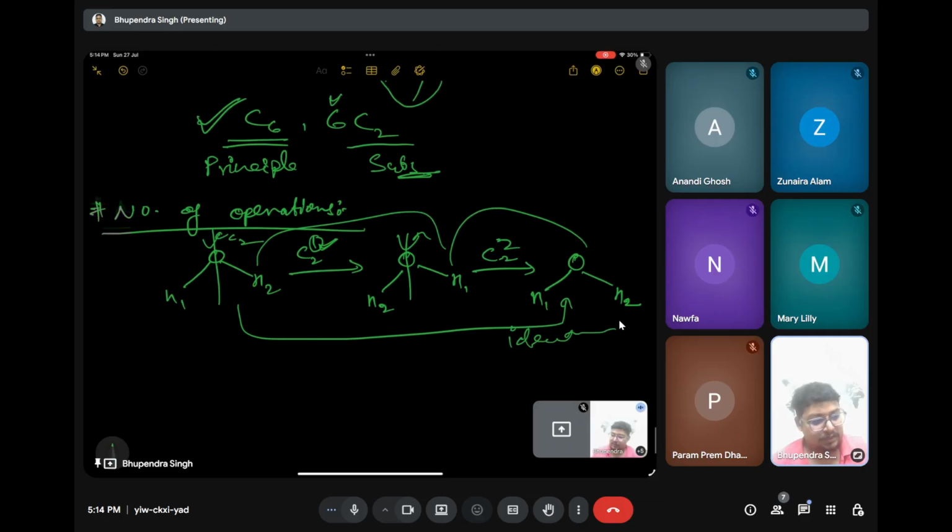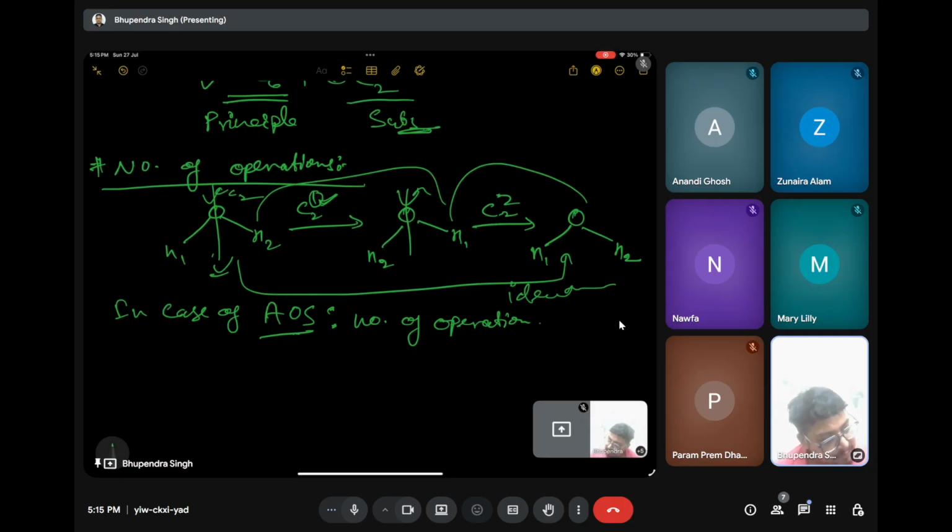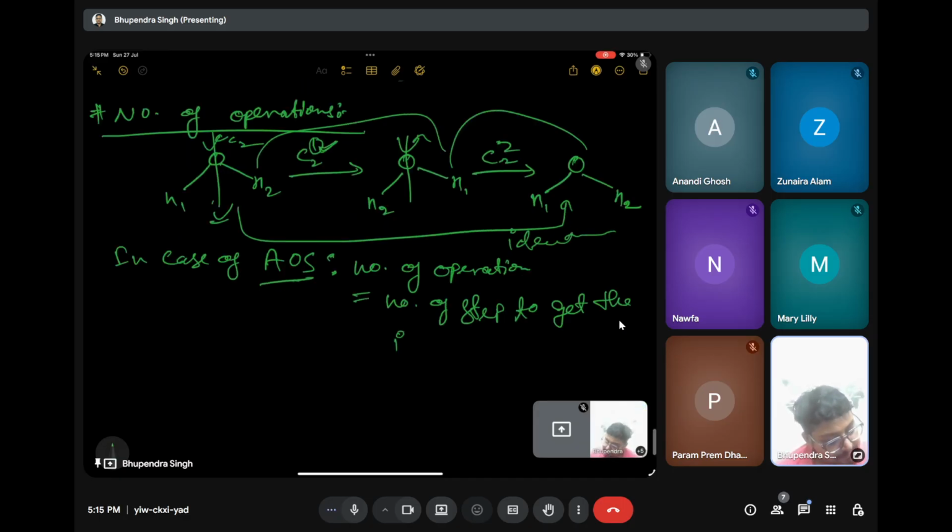Anyway, in case of an axis of symmetry, the number of operations will be equal to the number of steps to get the identical molecule or structure.